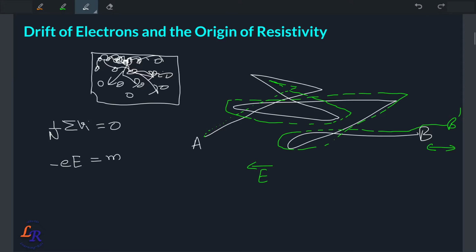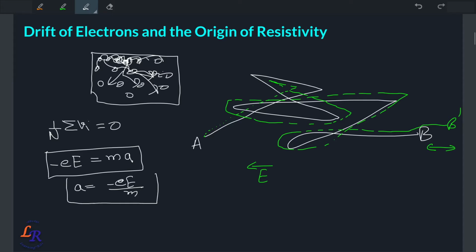If the mass of the electron is m and it is associated with acceleration a, then this is the equation: eE equals m times a. So the acceleration they will get due to this electric field would be a is equal to minus eE upon m, where m is the mass of the electron, e is the electron charge, and E is the electric field. So this is the acceleration they get, and then they will be moving in this direction.